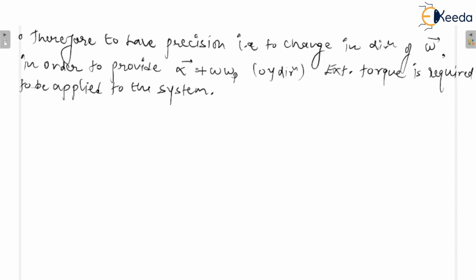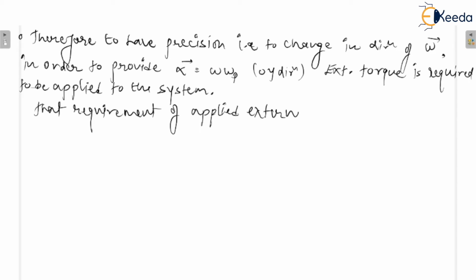Okay, so that requirement of applied external torque is known as the active gyroscopic couple.